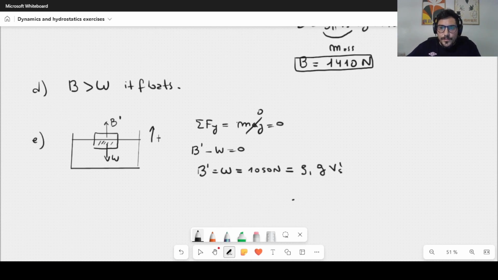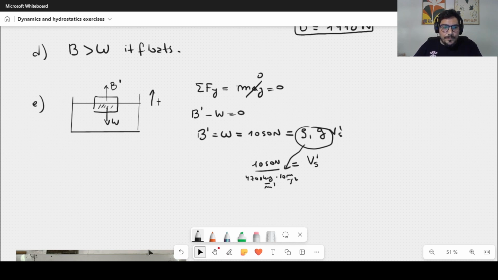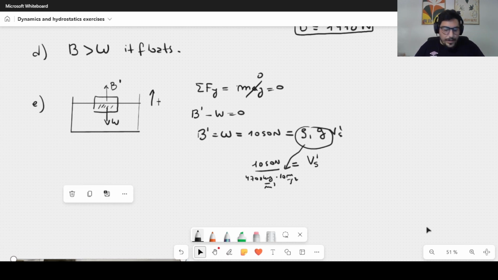So to finish this exercise, the volume submerged will be 1,050 divided by the density of the liquid, 4,700 kilograms per cubic meter, times gravity, 10 meters per second squared. I am dividing by these two terms. So we have 1,050 divided by 4,700 times 10.